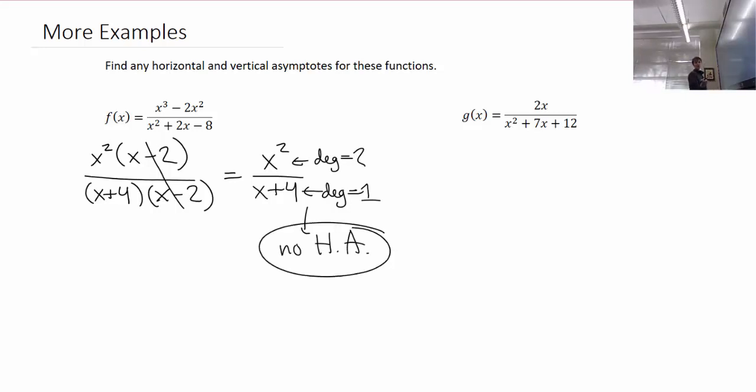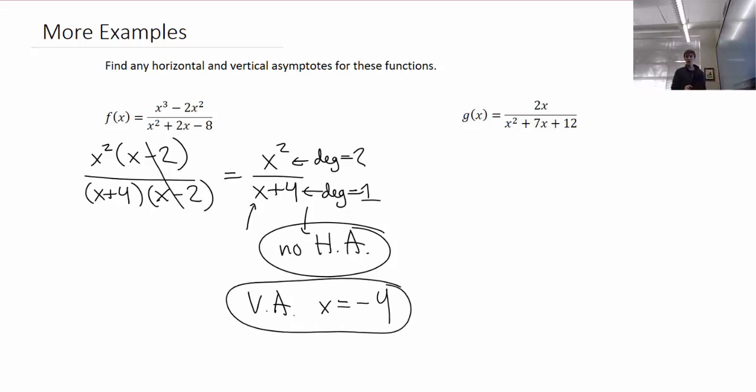Okay, but as we just said, there is a vertical asymptote, and the vertical asymptote coming from here is x equals minus 4. Okay, so that's the final answer for that first one.